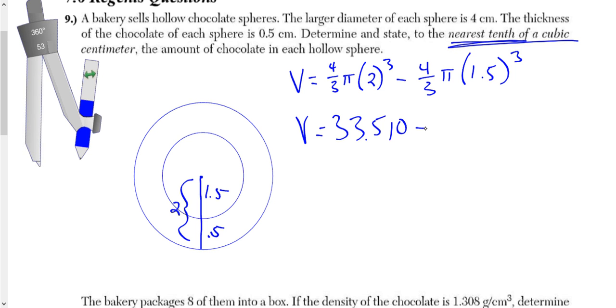Minus 4 divided by 3 times pi times 1.5 to the third, 14.137. Minus, 19.4. Yes, there we go.